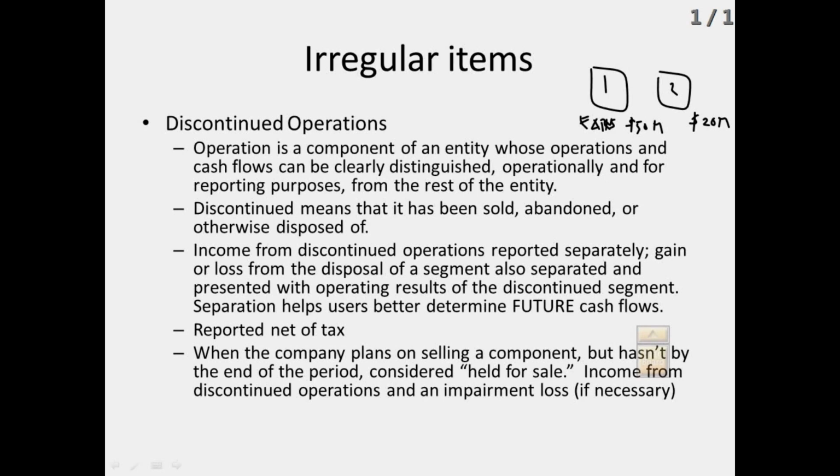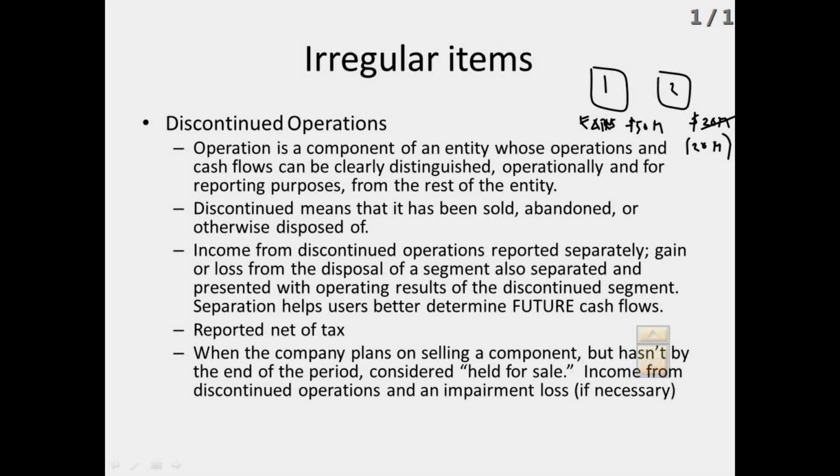But if I'm trying to tell my investors what they can expect down the road, that $20 million shouldn't be included. Now, why would I be spinning it off? Maybe I'm going to make more from it by selling it than I was making by myself. It's not always. On the other hand, I could be losing money in this segment. If I'm losing money, say I have a $20 million loss, that too shouldn't be draining down my financial statement.